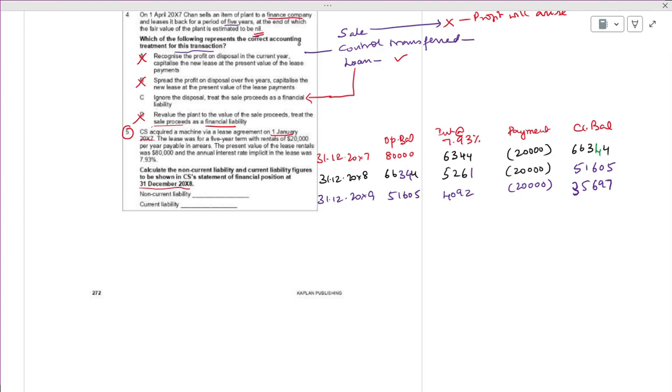66,344. At the end of the second year, at the end of year 2, is it right? This is 3 years.